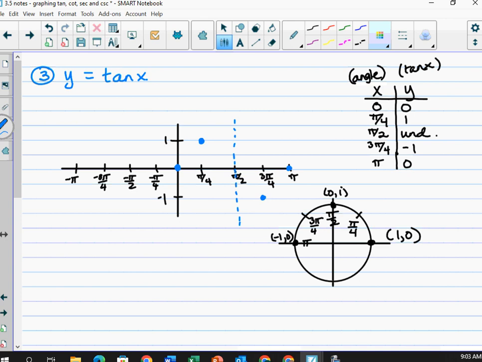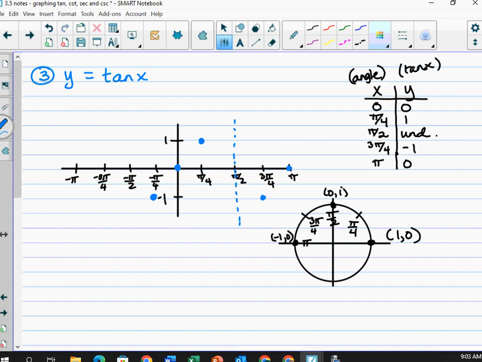So let's think about what's happening over here. If I go -pi over 4, that puts me in the 4th quadrant. What is tangent at -pi over 4? -1. Kind of, yeah, because tangent is an odd function.